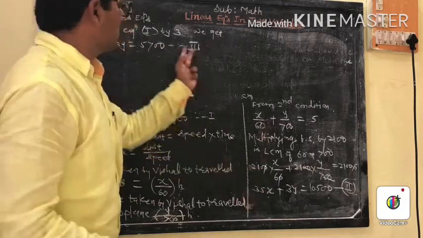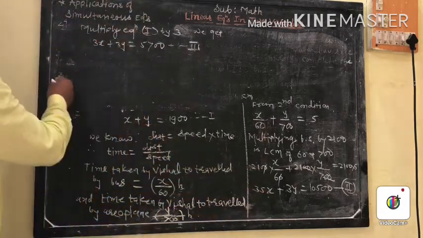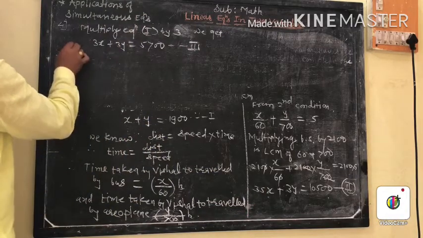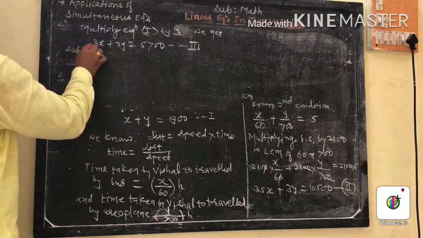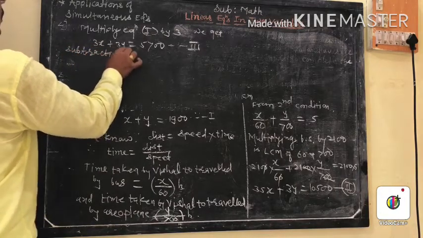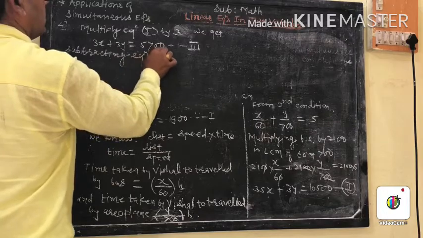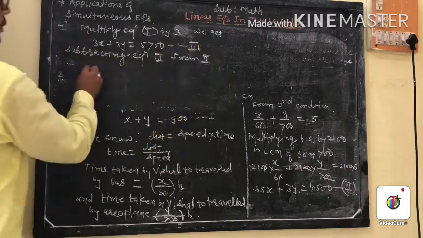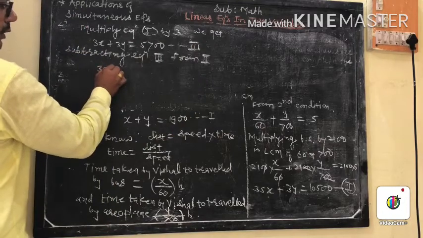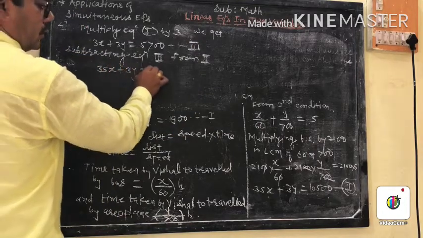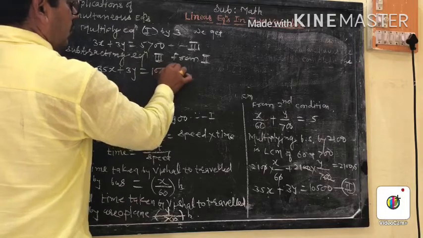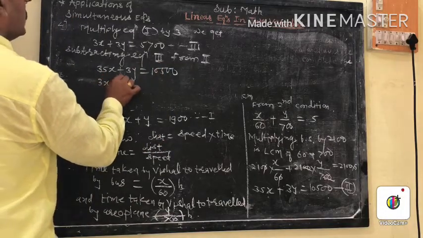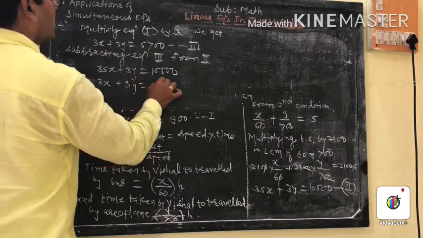Now from equation 3 and 2, subtracting equation 3 from 2: 35x plus 3y minus 3x plus 3y equal to 5700.